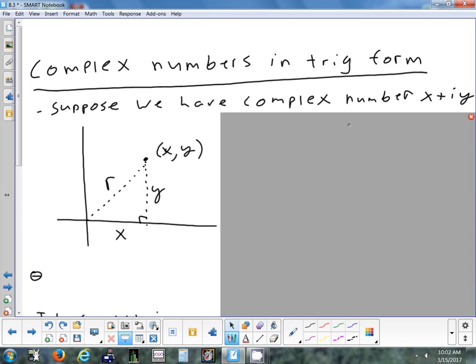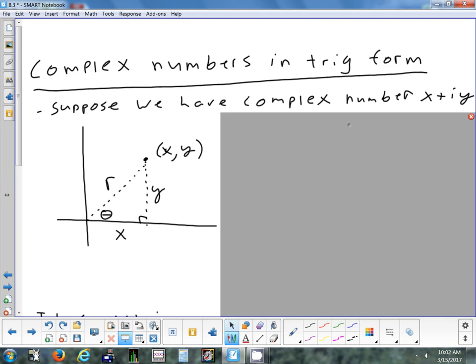It's the Pythagorean theorem. And the other thing we want to find is this angle right there. It's the angle between the radius and the x-axis. Now I've drawn this in quadrant 1, but it could be in quadrants 2, 3, or 4. And we'll talk about that after, but let's just do it for quadrant 1.